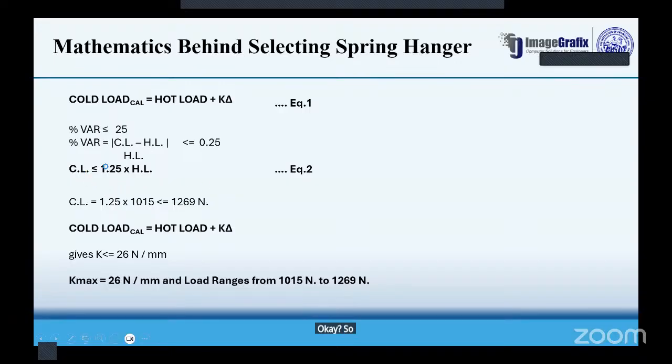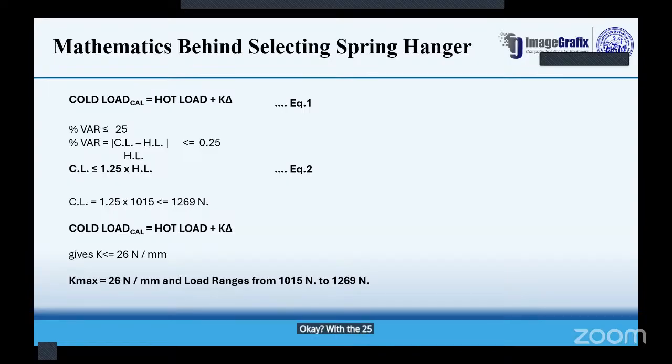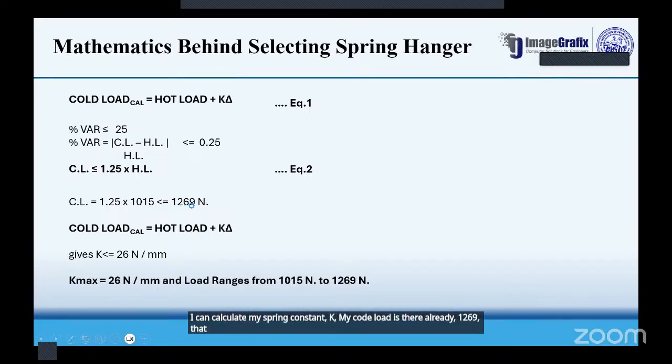So if I take the maximum variability, let's say a 25% load variance, then the maximum cold load will be 1269 Newton, with the 25% variability. If I put this into the given formula, I can calculate my spring constant K. My cold load is already 1269, the maximum one I am taking.